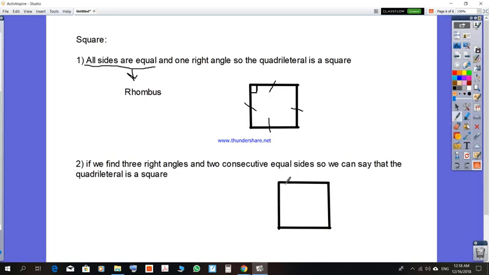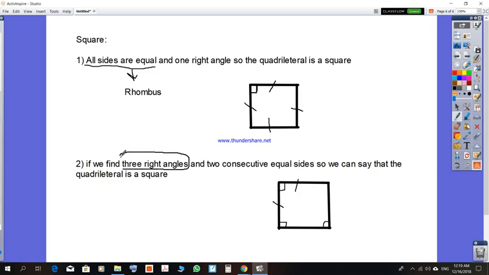So if I prove that this angle is right, the second one is right, and the third one is right, just the three right angles, it's not necessary to prove that four angles are right, and two consecutive sides should be equal, to say that the quadrilateral is a square.